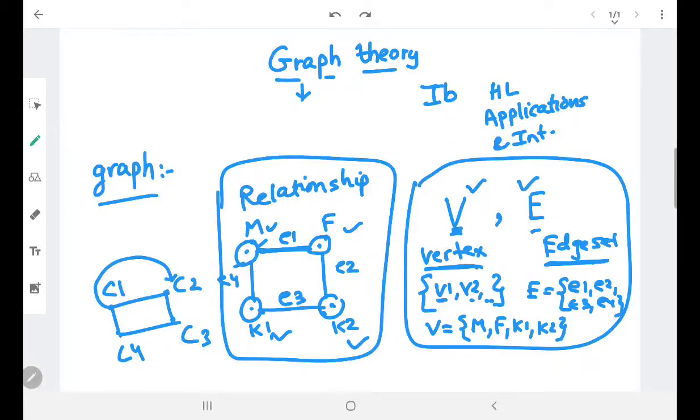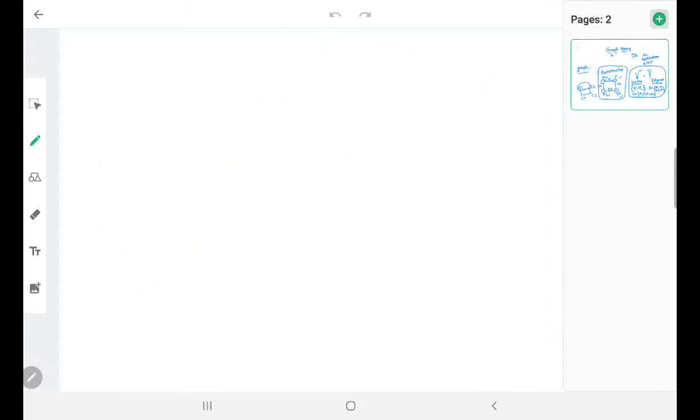So I have to see my point of interest. I am interested in finding how much is the distance between them, or somebody else is interested in finding how much is the cost of going from C1 to C2. So these relationships can be different, and these vertices can also be different. It depends upon the problem only. Alright, I hope the definition of graphs is clear to you.